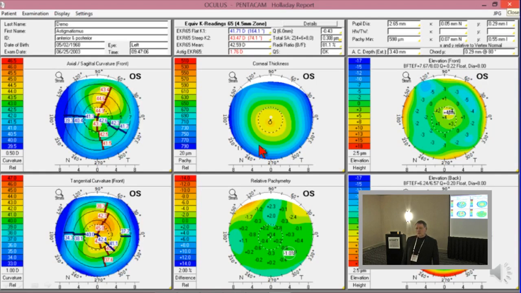Can you summarize and briefly explain the difference between what I'm doing and what the EKR 65 is? Between the EKR 65 and the EKR and the detailed Holladay report. In other words, you get the 2 millimeter zone, 3 millimeters, 3.5 millimeters, and 4. It gives you the table and it gives you that spread. Well, no. Yeah, I can.